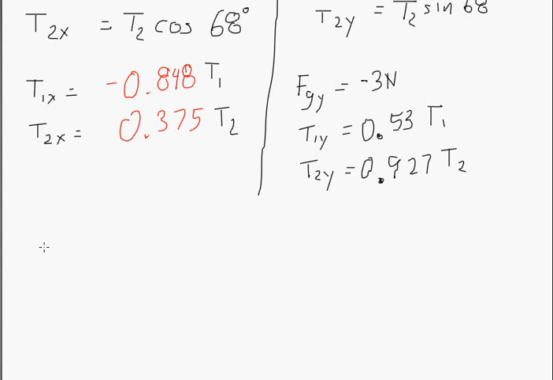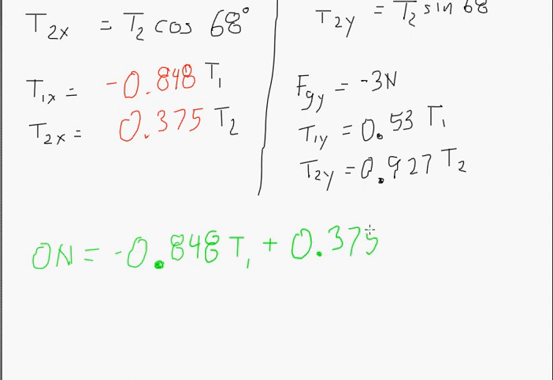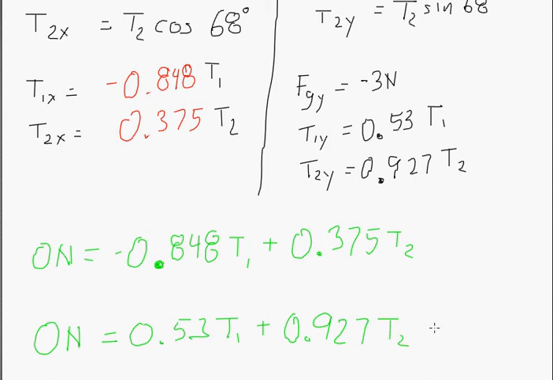So you get 0 newtons equals negative 0.848 T1 plus 0.375 T2, and then you also get 0 newtons equals 0.53 T1 plus 0.927 T2 minus 3 newtons. Sorry, I put my FG at the very end.